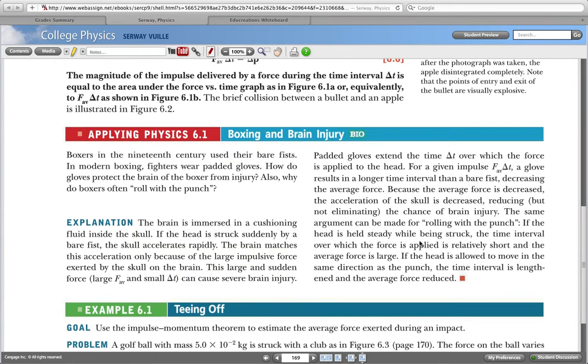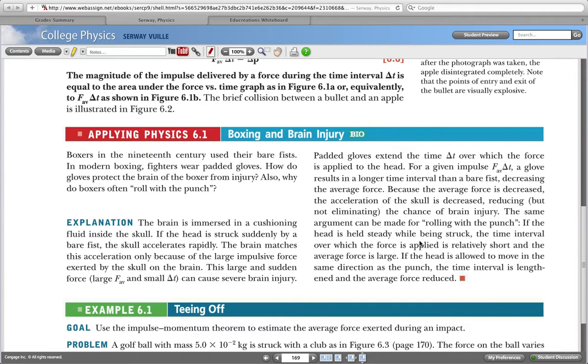They actually talk about that right here. So boxers, when they were first starting this fighting sport, was just fighting, and they would just punch each other with their bare fists. But when you're punching each other with bare fists, the impulse is over a very small time, and so it imparts a huge force.